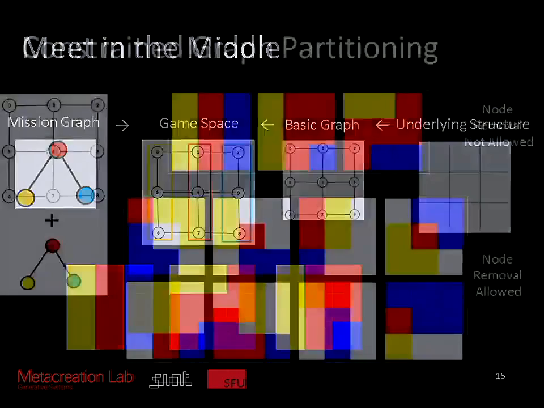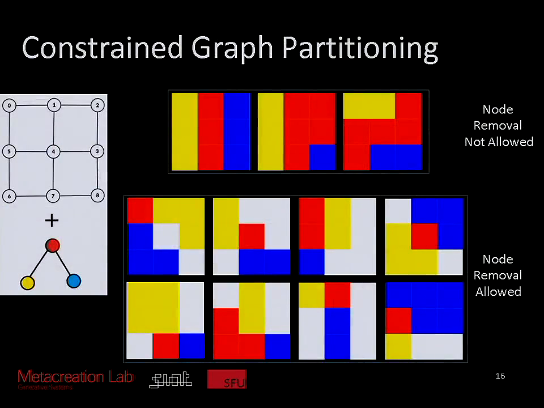Now, we can also allow removing nodes from the basic graph. And when we allow that, we get a larger variety of solutions. Throughout the representation, the removal of nodes will be represented by white color.